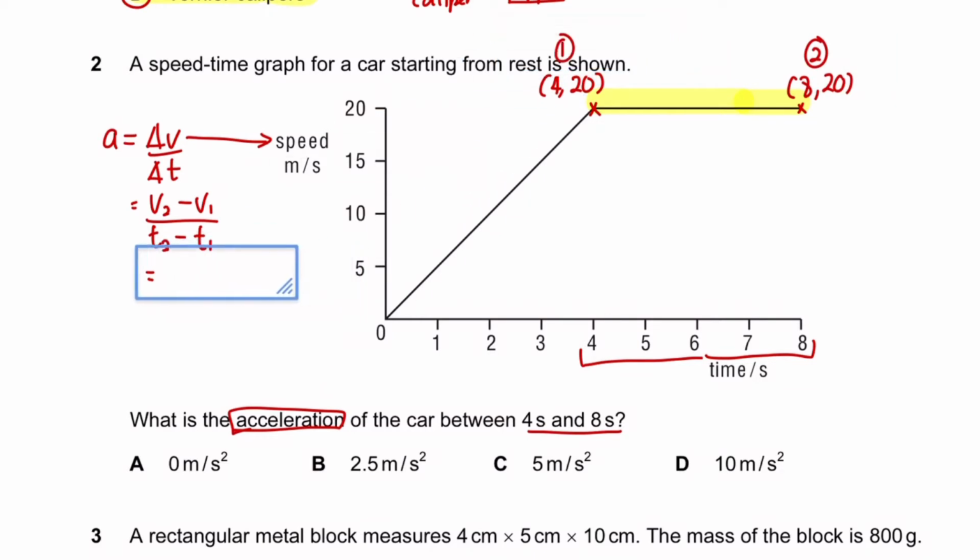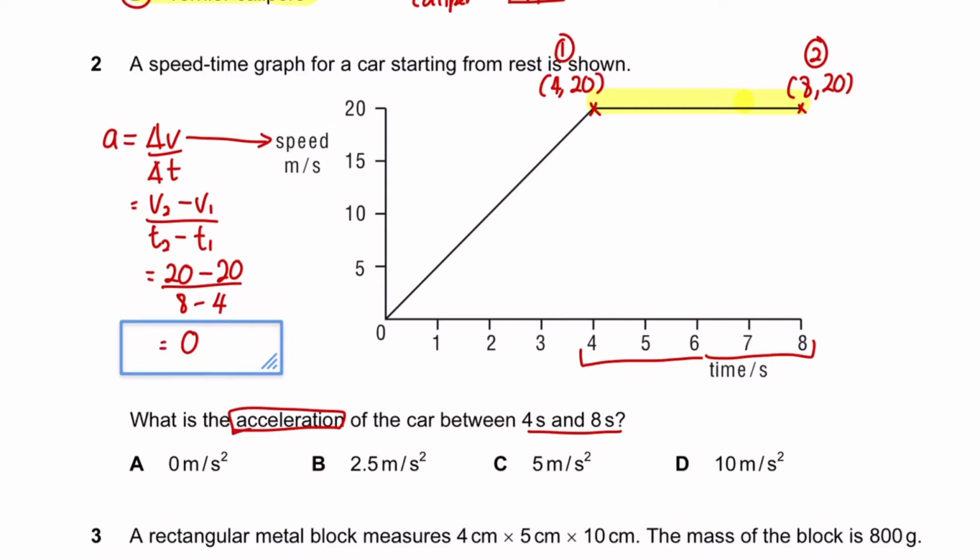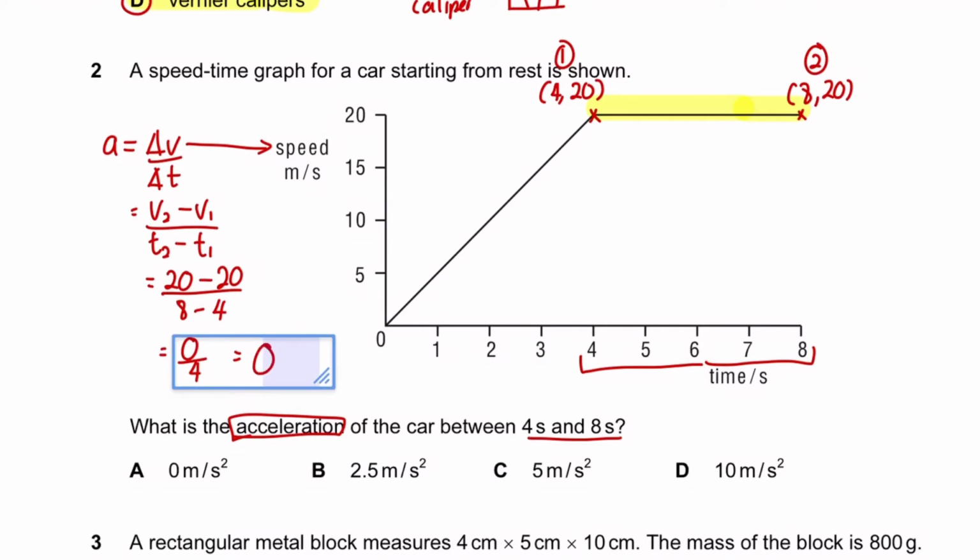So the second coordinate, which is 8, 20, the velocity is 20, minus the first velocity, which is as well 20. We divide by time, which is 8 minus 4. We have 0 divided by 4, which is equal to 0 meter per second square. Okay, that is solved numerically.